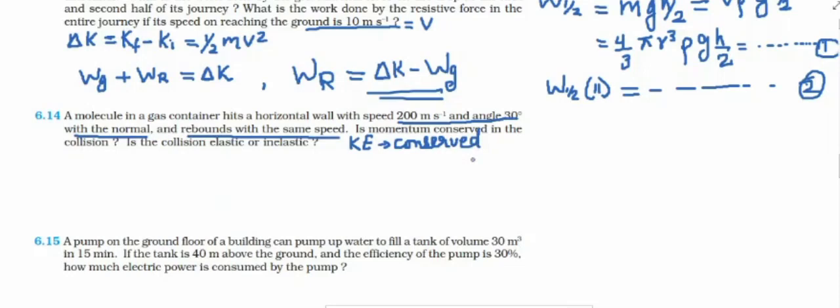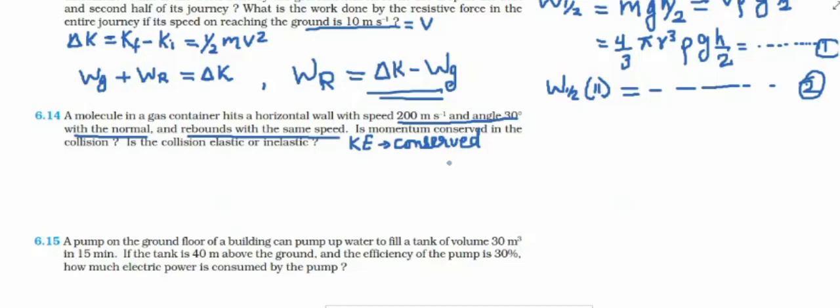Let's come to the momentum. See what happens there. Take the case of a molecule. Its mass is very small, maybe on the order of 10 to the power minus 10 or 10 to the power minus 50. Very small mass.